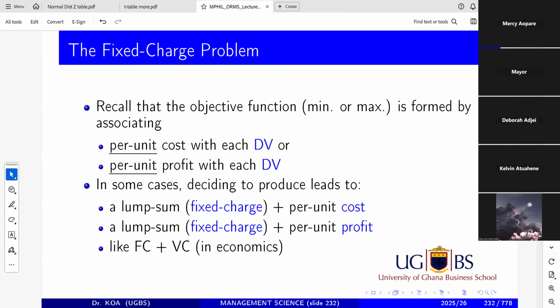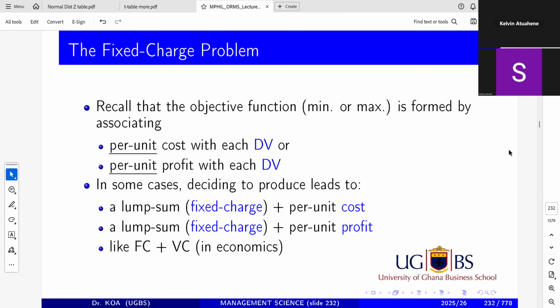Deborah: Unchanging. Calvin: Stable. All right, so that's good. Fixed. Constant.